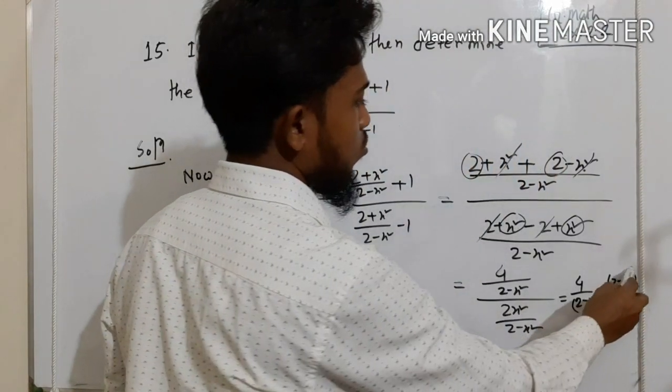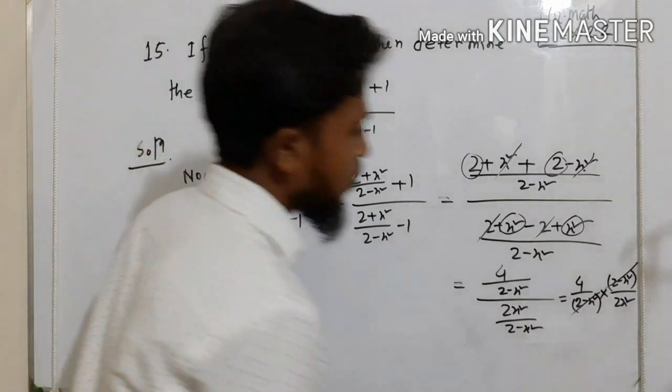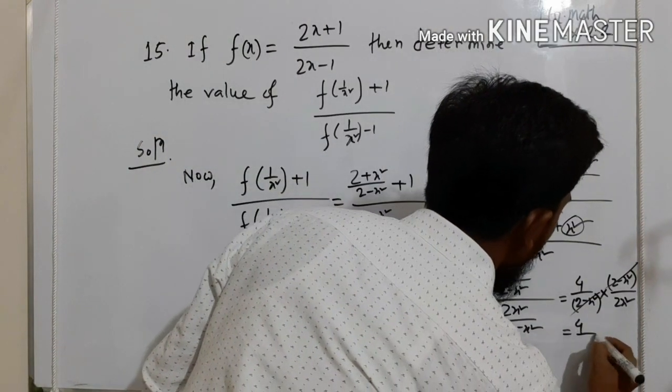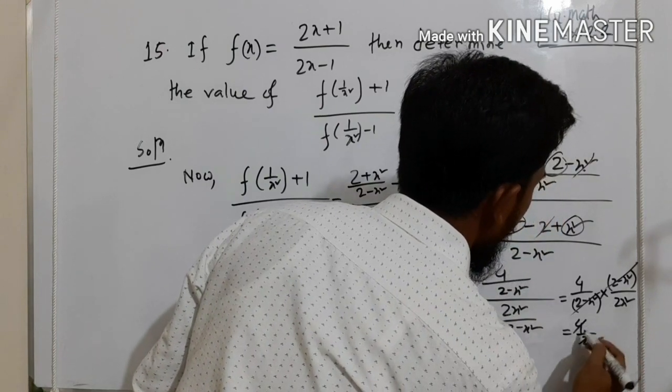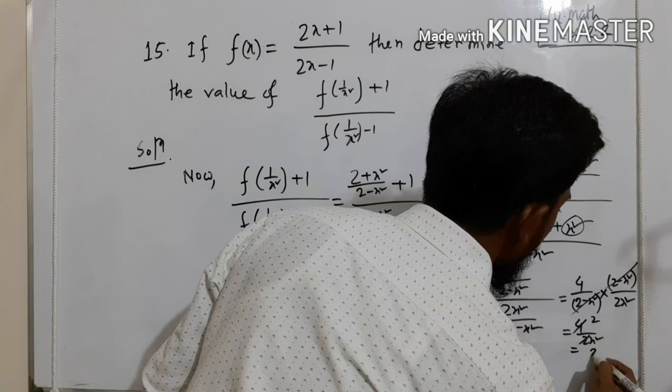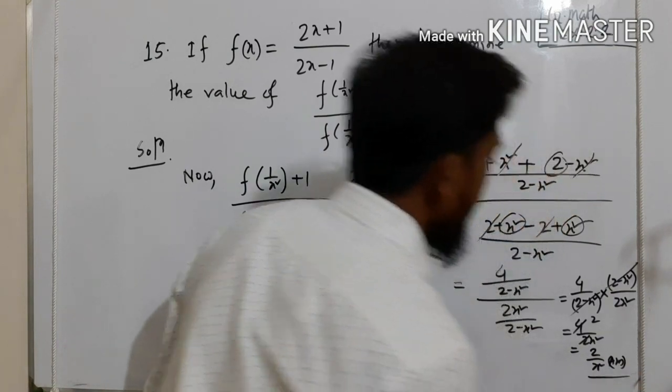So here 2 minus x square and 2 minus x square are cancelled. So 4 divided by 2x square, 2 upon 4, that is 2. So 2 by x square is our answer.